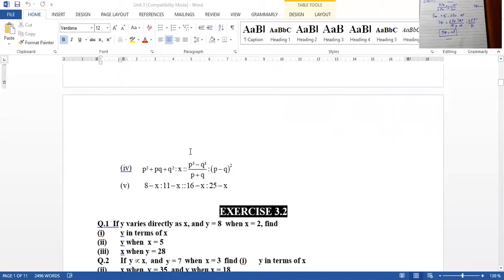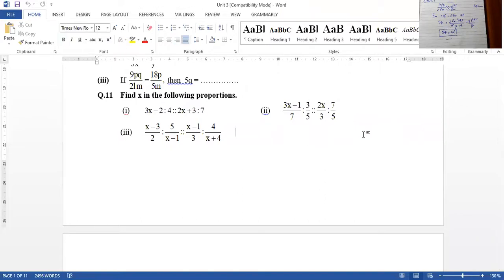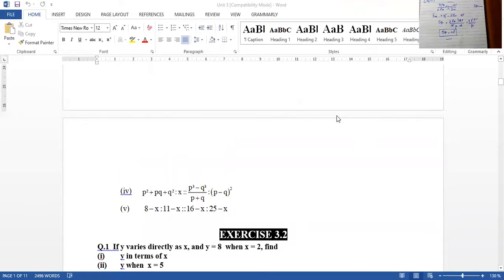Let me write the statement of part number 4. We are asked in the question to find the value of x. So how to find the value of x? This is required to be explained. I'm writing the statement of question number 11, part number 4.